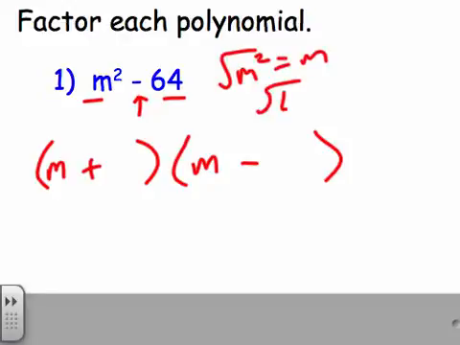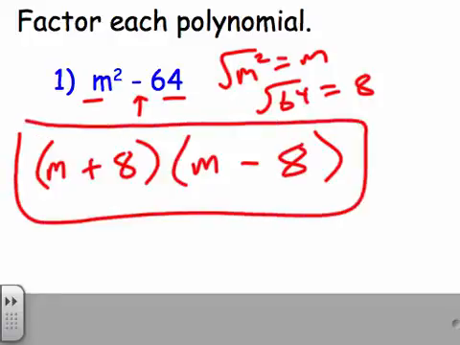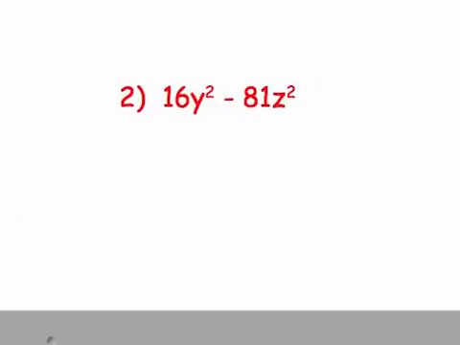And then the square root of 64 is 8, so 8 and 8. And I'm done. So a difference of squares factors into the product of two binomials, one with addition, one with subtraction. That's going to confuse you there, having those signs. Okay, so m plus 8 times m minus 8.